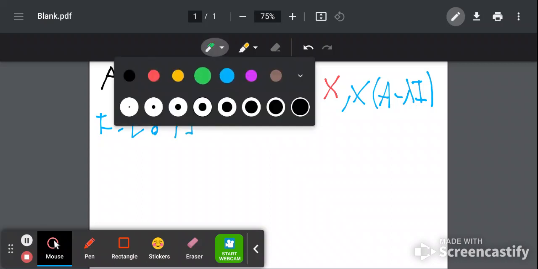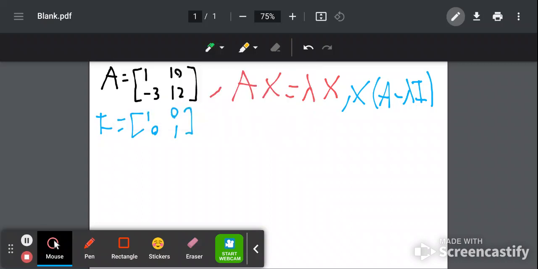So if we carry out the algebra, we can see that this becomes the vector x, and this has to equal 0, basically the 0 vector. So x, and then times A minus lambda times the identity matrix, I'm sorry.